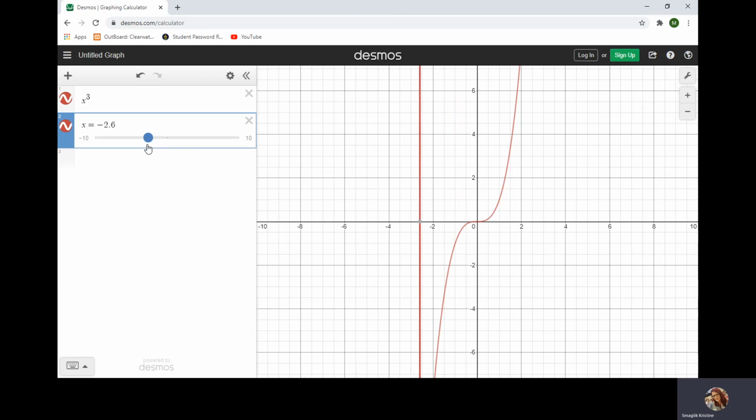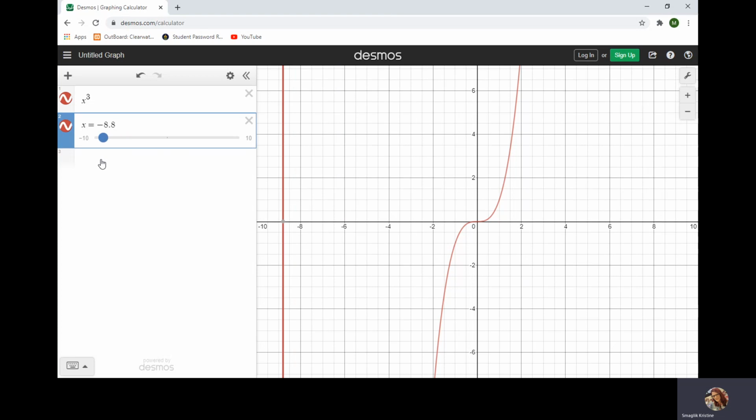Again, as I move this vertical line, notice it is only touching that graph in one place. Cubics are a function. I could also change this graph to x to the 5th, x to the 7th, x to the 27th. As long as it is an odd exponent, an odd degree, it will be a function.